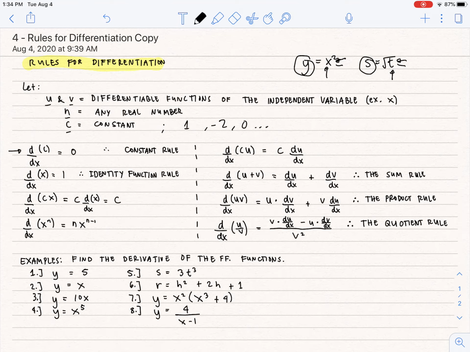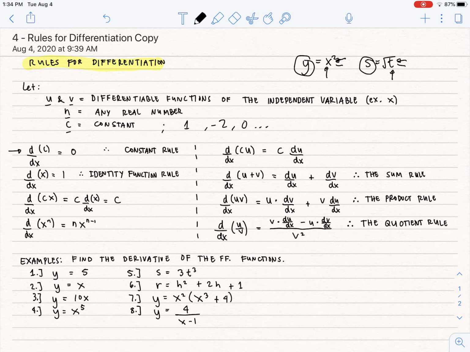So this just means d over dx just means that we are going to differentiate whatever it is na tapad niya. So for the number 1, ang tapad niya is c. So we are going to differentiate c with respect to x. Okay, so with respect to x because x may nakabutang dra. Okay?